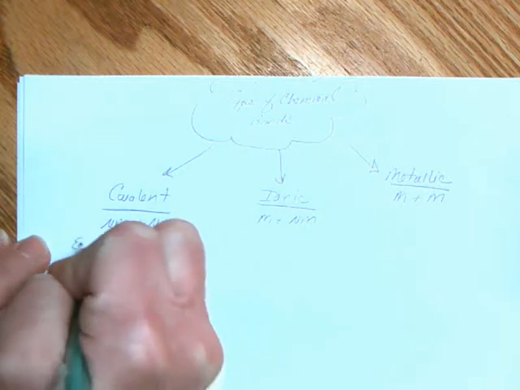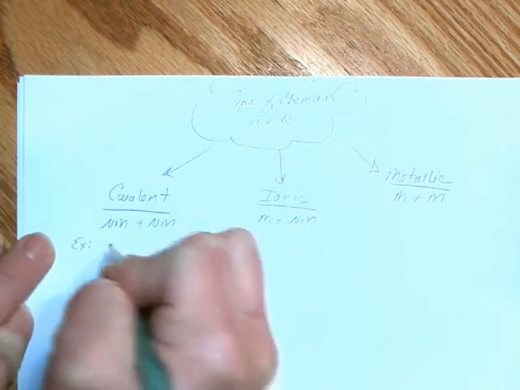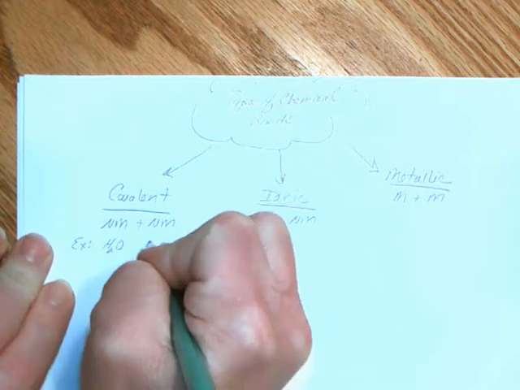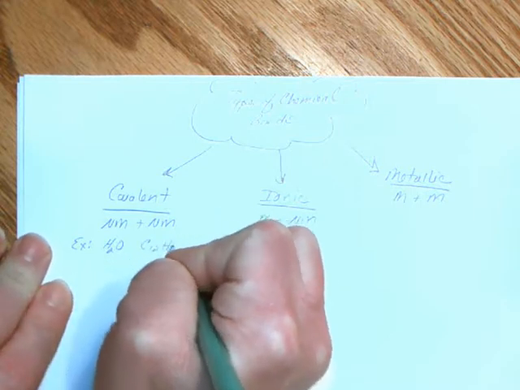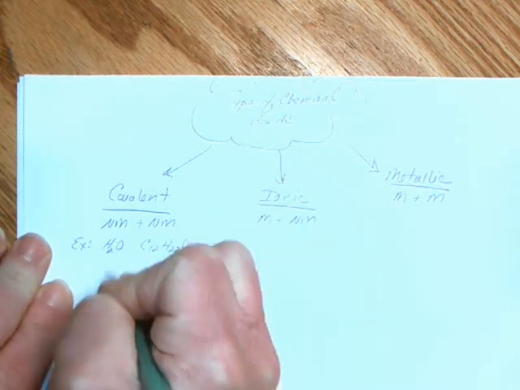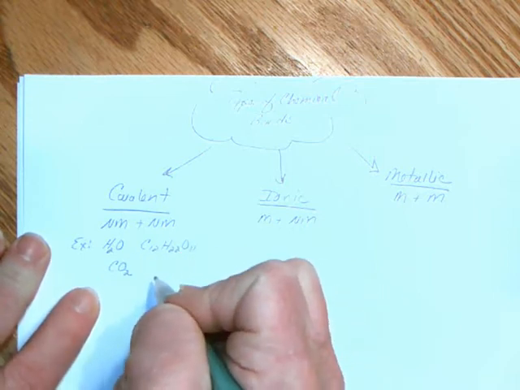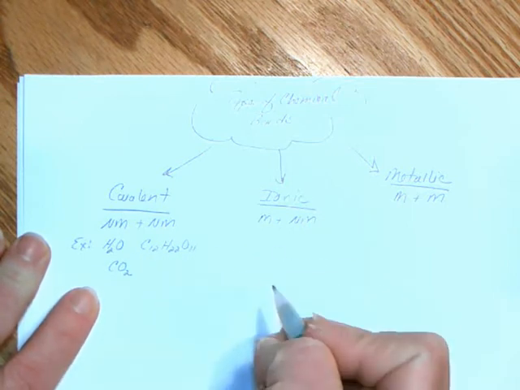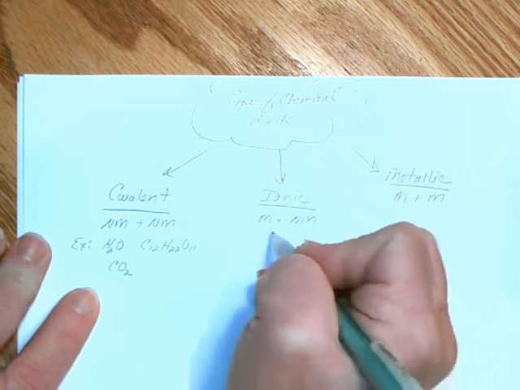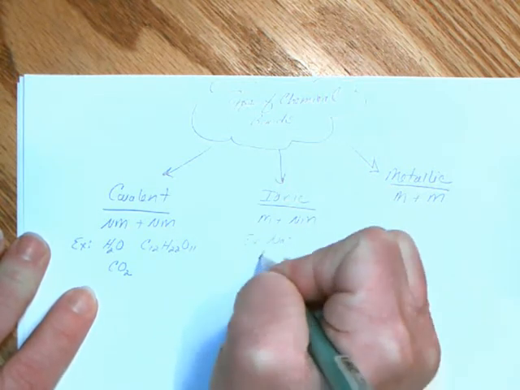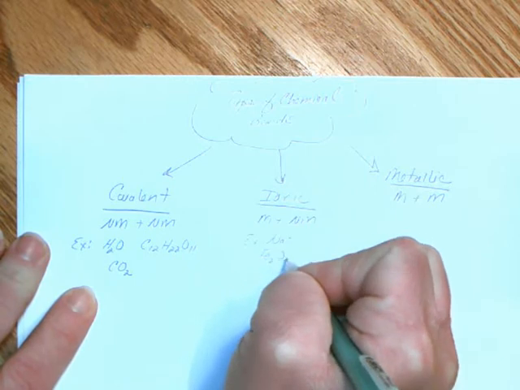So, some classic examples of covalent: water, remember hydrogen is a nonmetal; sucrose, C12H22O11, carbon dioxide, there's just thousands and thousands. Ionic. Classic example, sodium chloride. We can also have iron 3 oxide, rust.